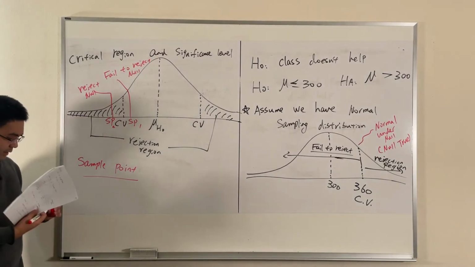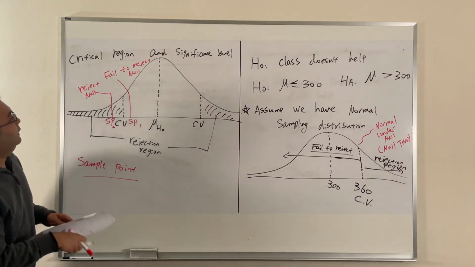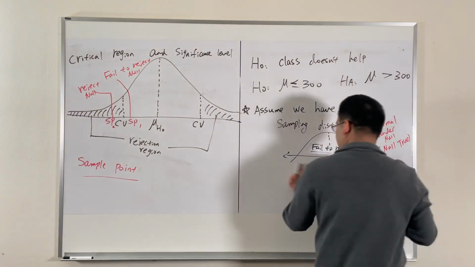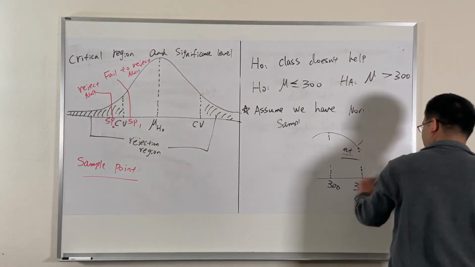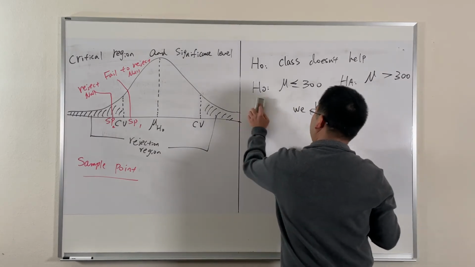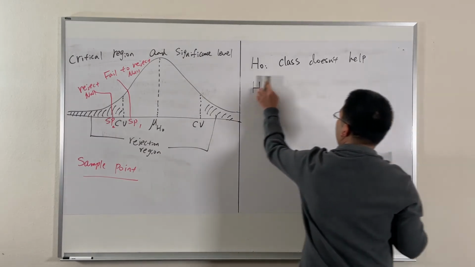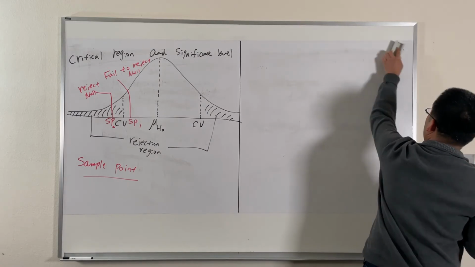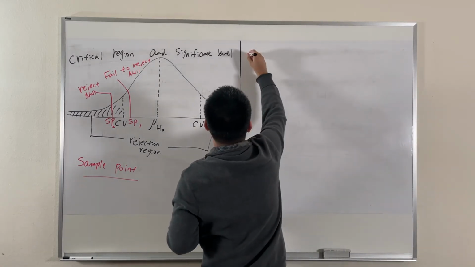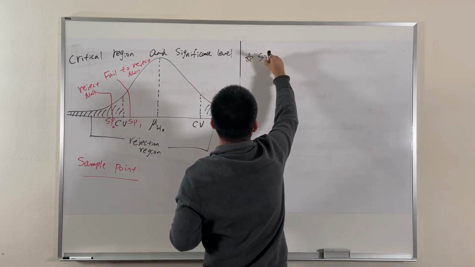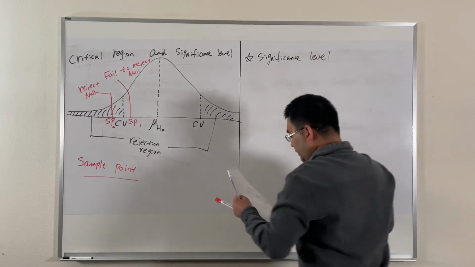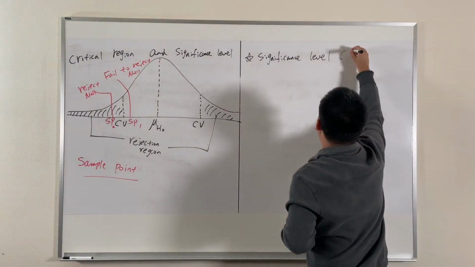Okay, and let's talk about significance level. Significance level is denoted with alpha.